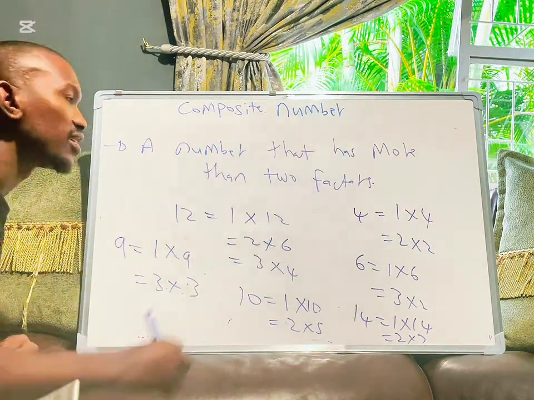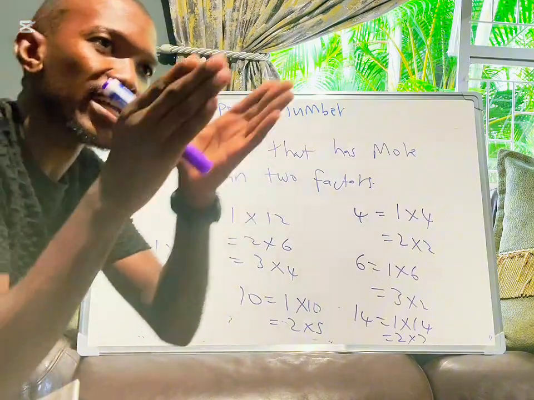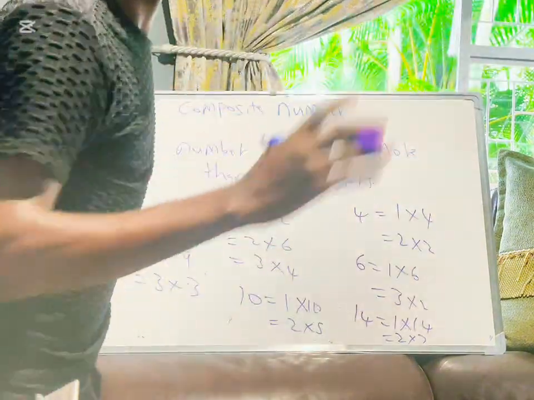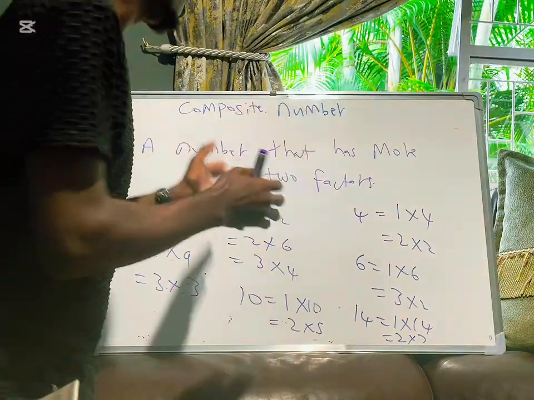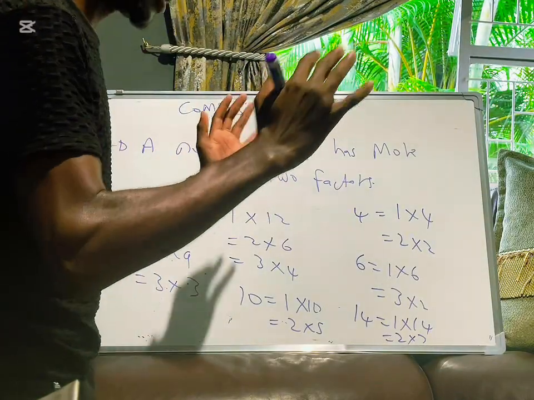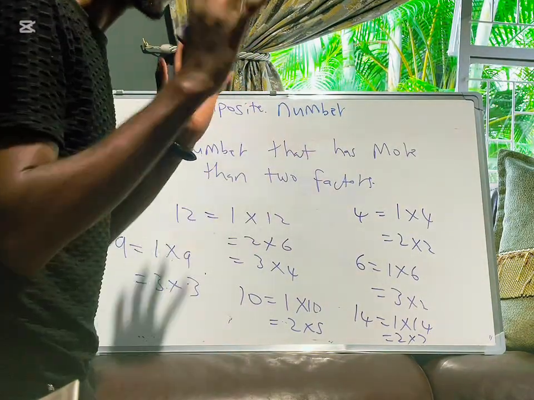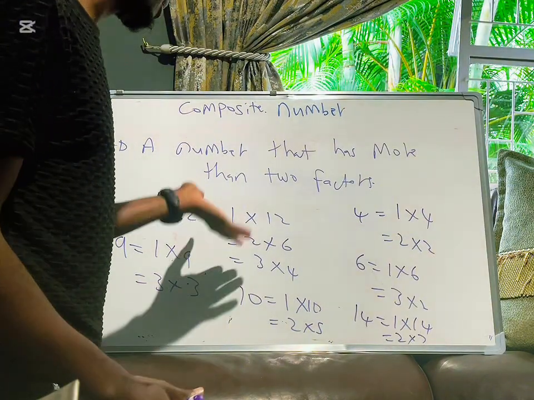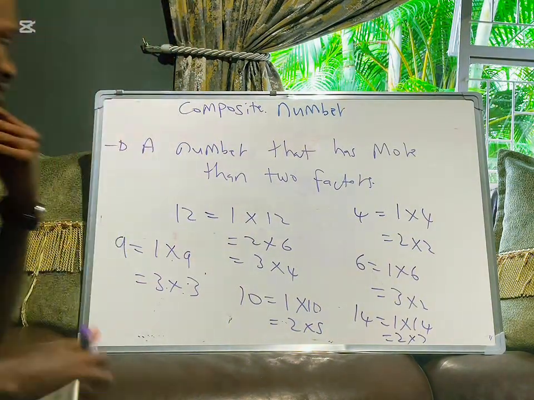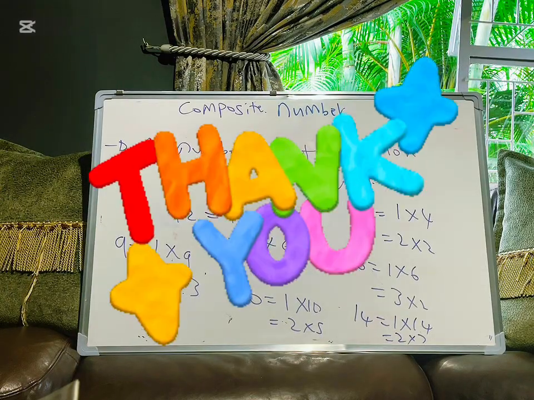Then you have a composite. A composite is like those people that are closely related to you. Think of your brother, sister, whatever. Those are composite numbers. Composite is like a family because it's more than that. You get? So these are examples of composite numbers.